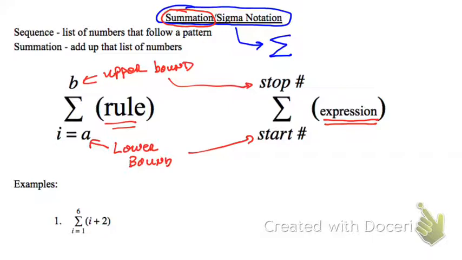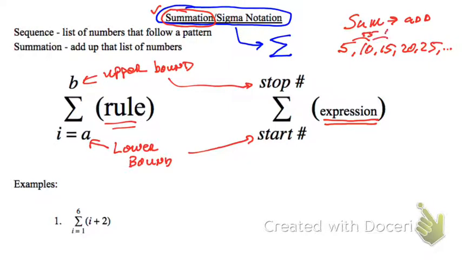Now the way this works, remember summation. What does the word sum mean? That means you add things up. So we've been dealing with these sequences, let's say 5, 10, 15, 20, 25, and so on. So we see that we're adding 5 as we go across. That's what we did a couple weeks ago.